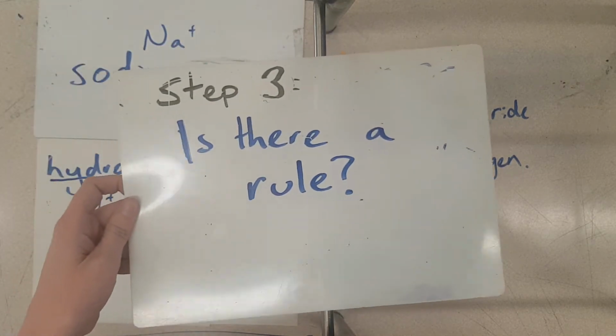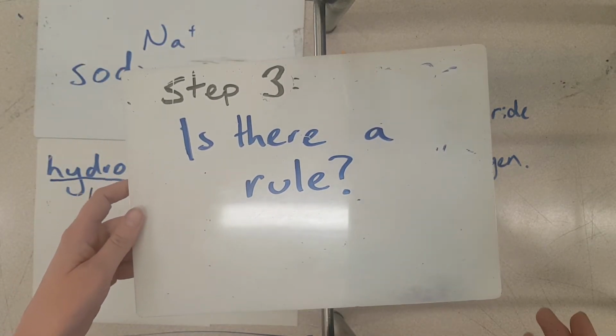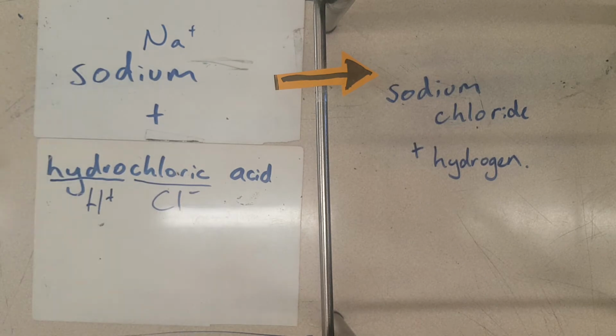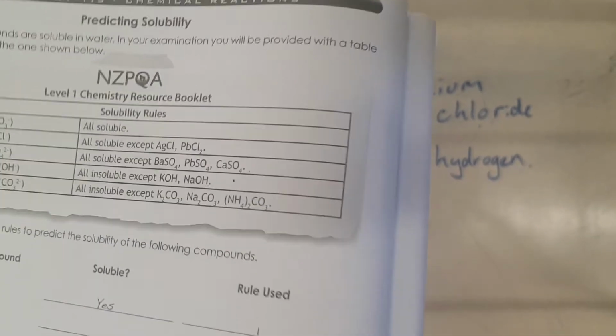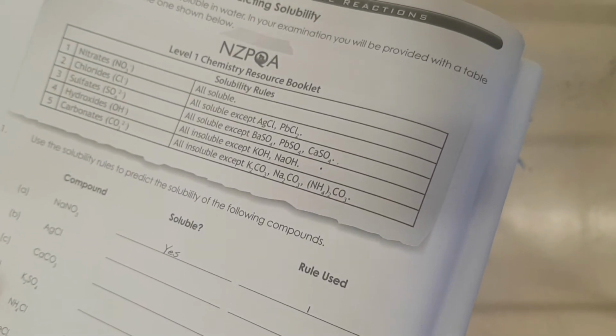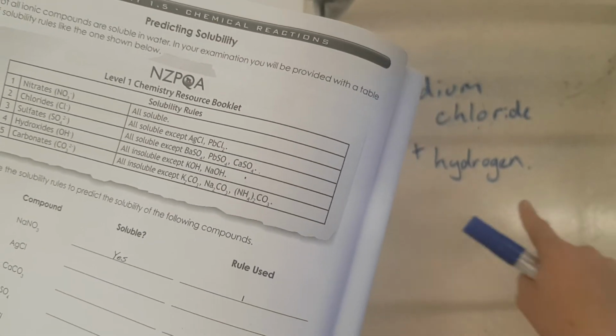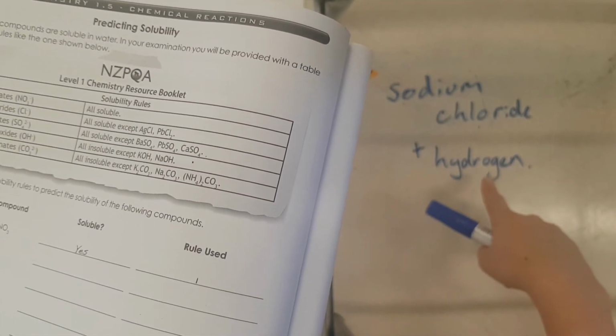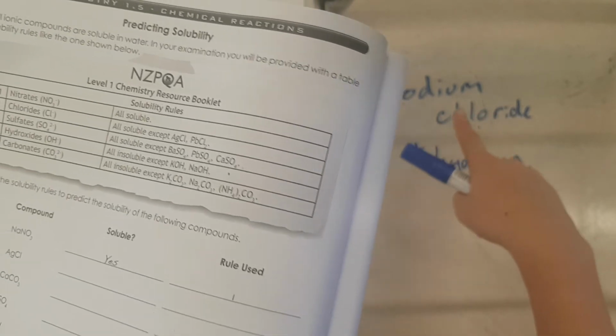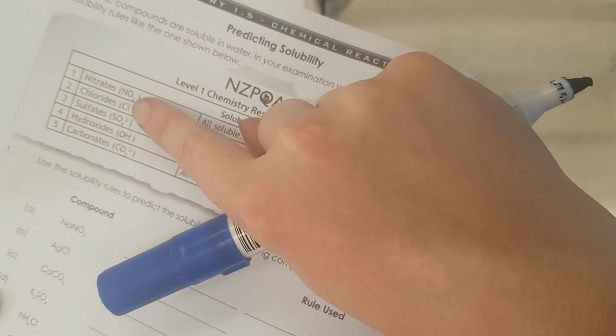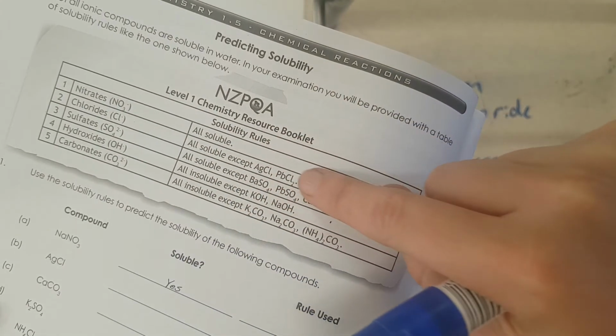Step number 3, we have to look at, is there a rule about these different pairings? So by rules, I mean on page 66, there's this table here, all about solubility rules. And I can't see any rules about hydrogen, so let's leave that for the moment. But sodium chloride is a chloride. So rule number 2.